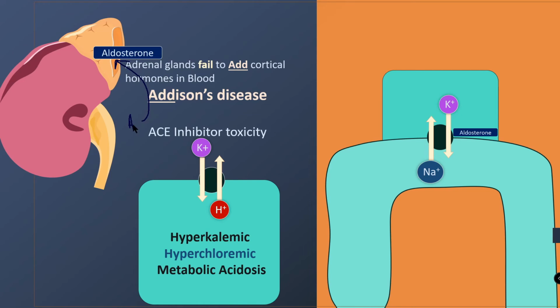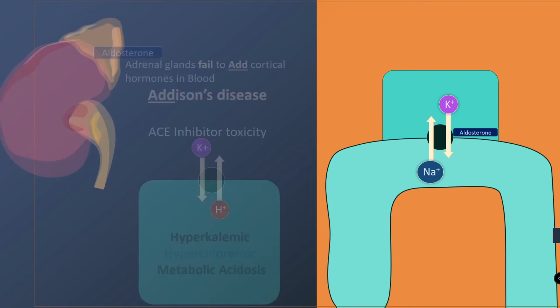It stimulates the adrenal gland to secrete aldosterone, and aldosterone will cause all these actions. But what if angiotensin 2 is decreased due to ACE inhibitor toxicity? Then aldosterone will decrease. So it is a condition similar to Addison disease. So Addison disease and ACE inhibitor toxicity will lead to normal anion gap metabolic acidosis, right?